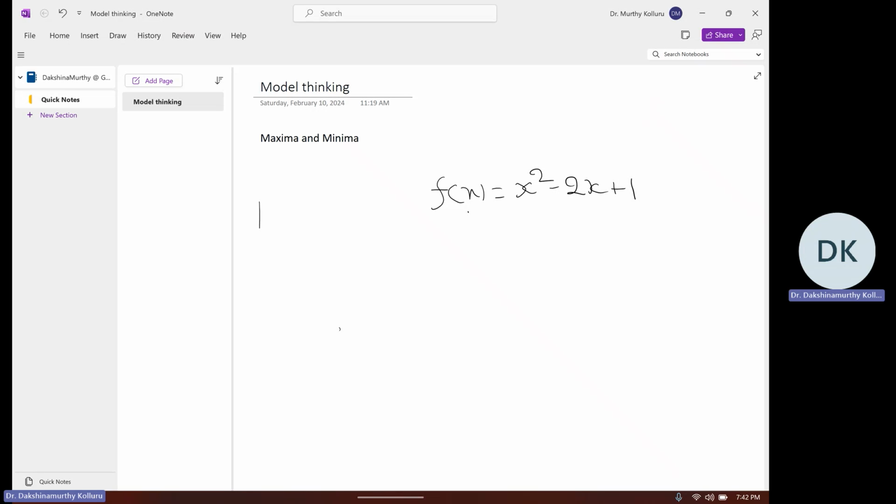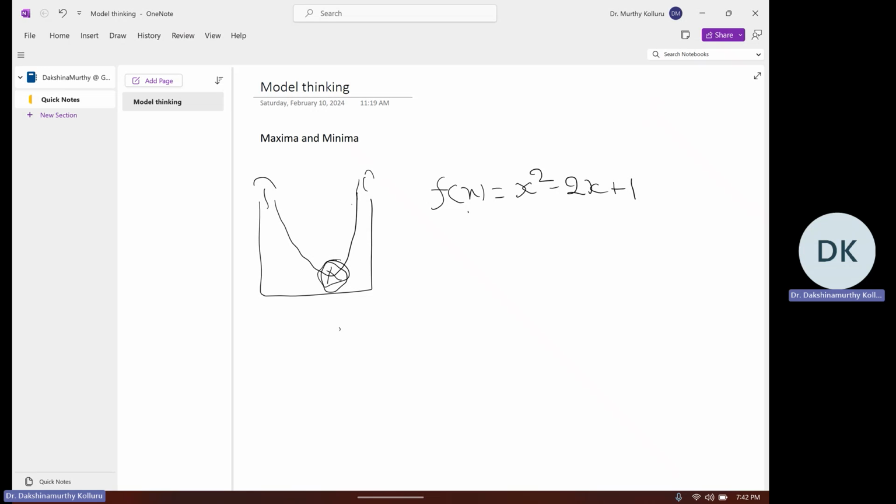Because it's a quadratic, you can eyeball it, you can see there is a minima here. Global maxima is infinity, it goes to infinity. But calculus only finds the local minima, local maxima. There's no local maxima, so most likely calculus should find this.